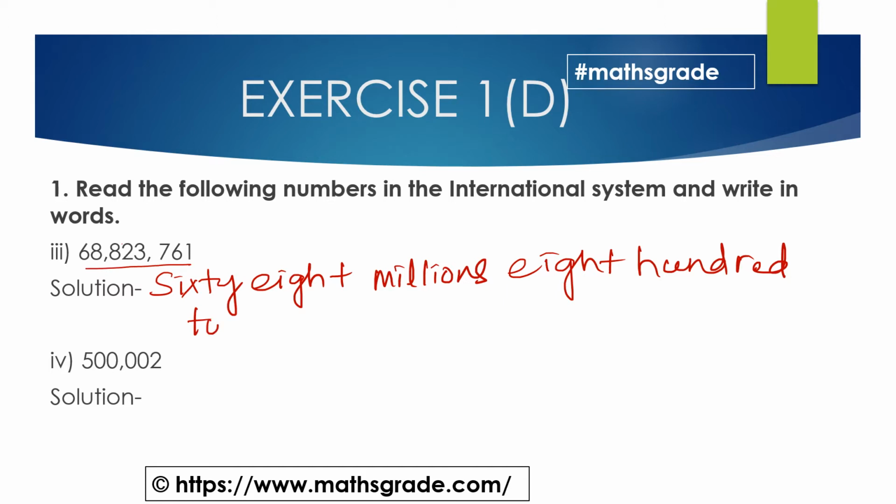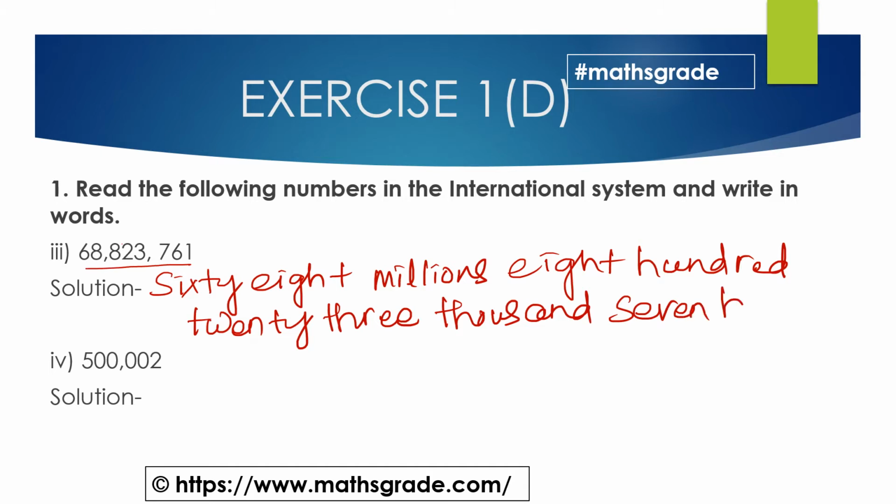So this is 68,823,761. And now number 4 is 500,002.